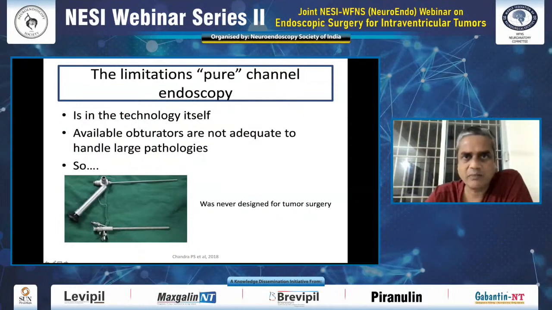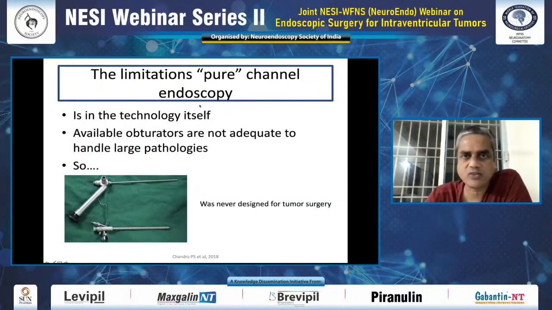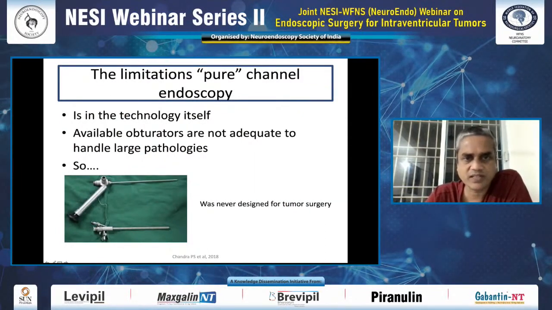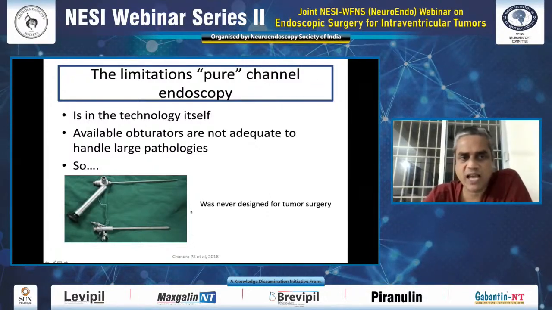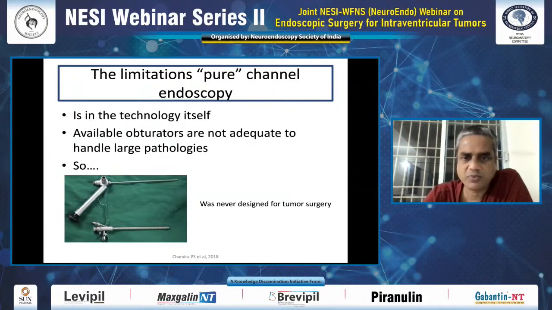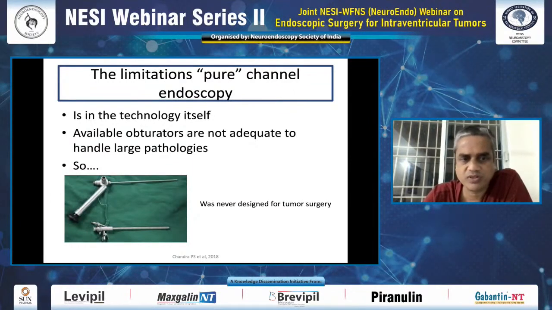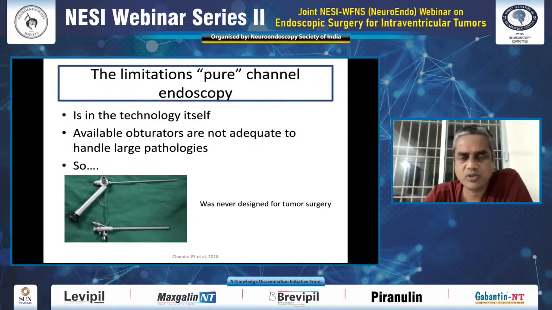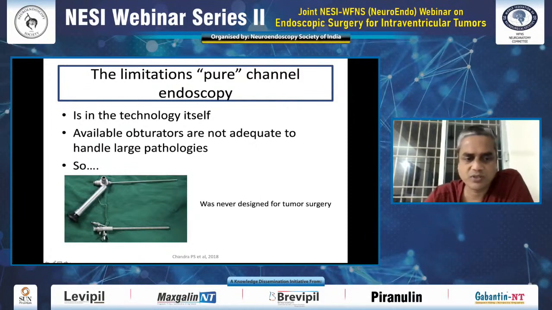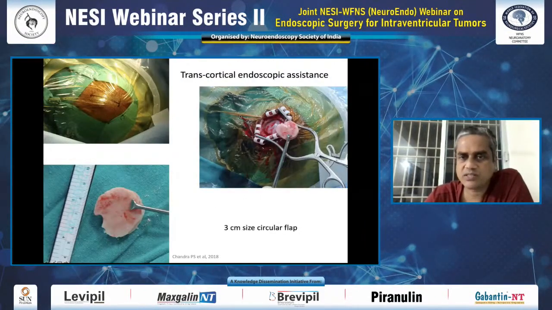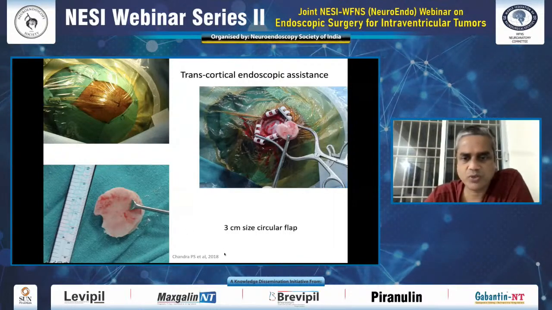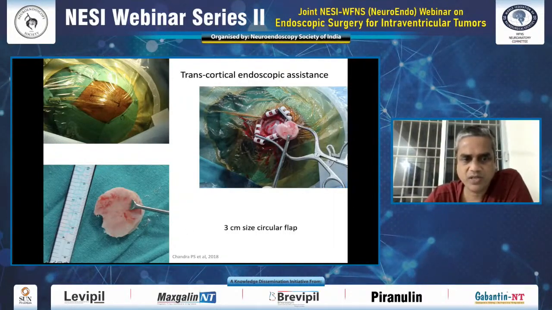Now, the limitations of pure channel endoscopy, as already mentioned by Professor Yadav, is in the technology itself. The obturators which have been developed have not been developed to handle large pathologies. They were never designed for tumor surgery. They were designed fundamentally for endoscopic third ventriculostomies. So this is how we do it. We either do a transcortical approach, for which we use a 3 centimeter circular flap using a drill.